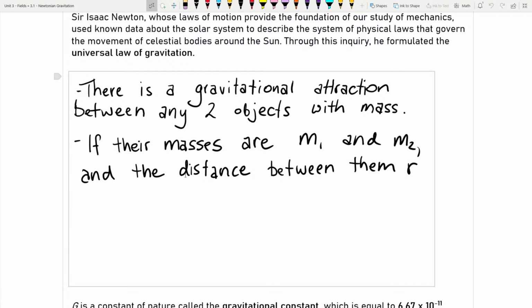So we have mass 1, mass 2, and R. Well, we can work this out. There's a mathematical relationship. So don't write this till I'm done writing it, because I'm going to kind of substitute a few things in as we go.